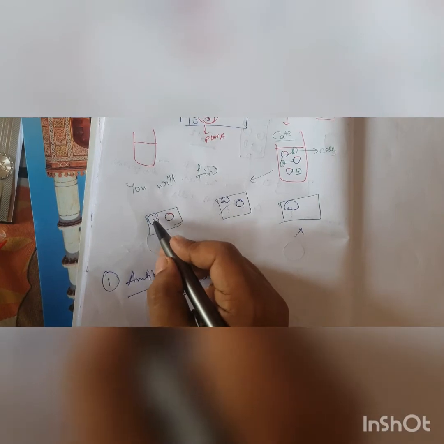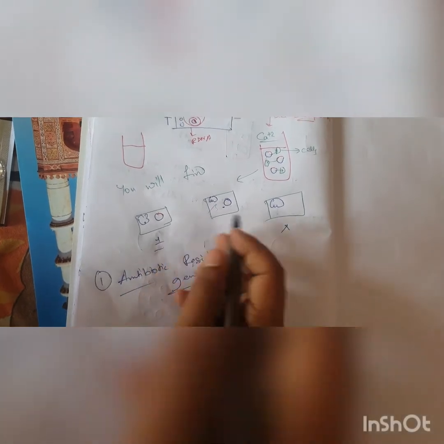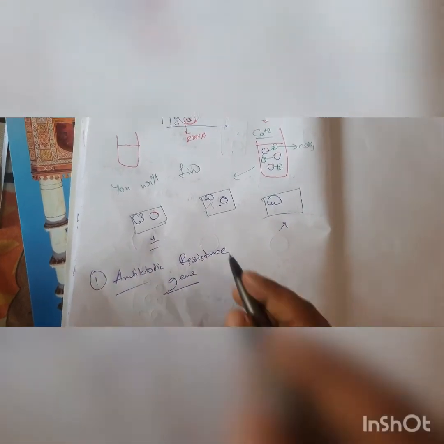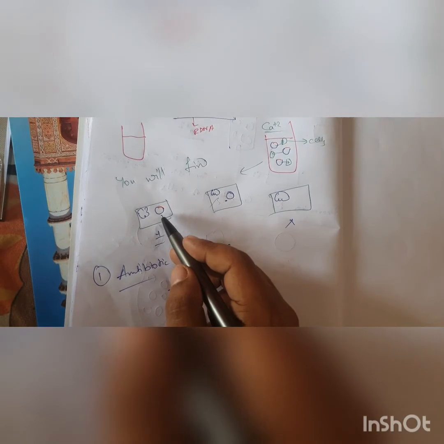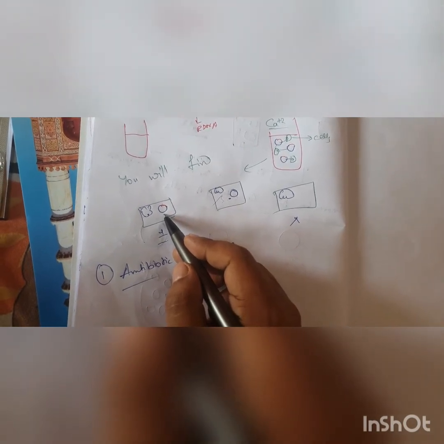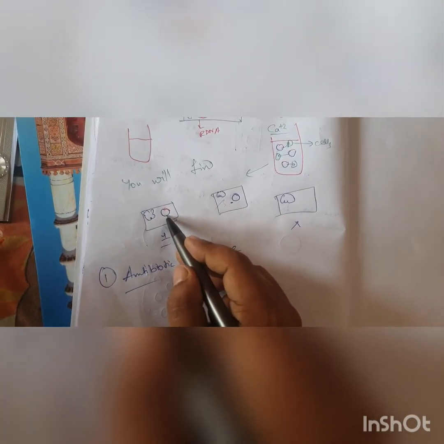Now, when there is a presence of antibiotic resistance gene not in the chromosome but in the plasmid, I told you previously also that antibiotic resistance gene can be present in the plasmid.